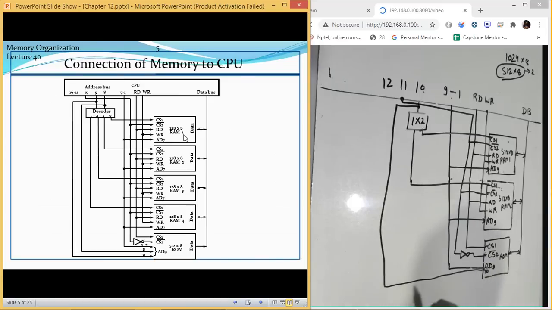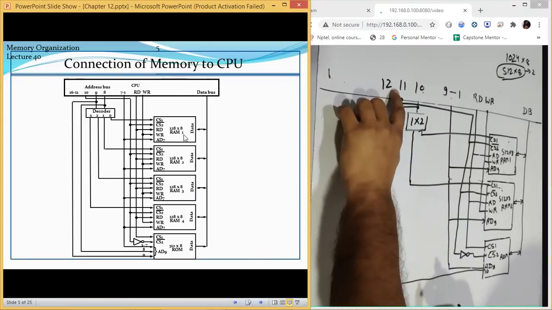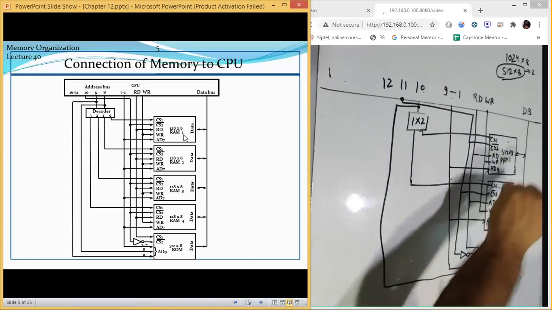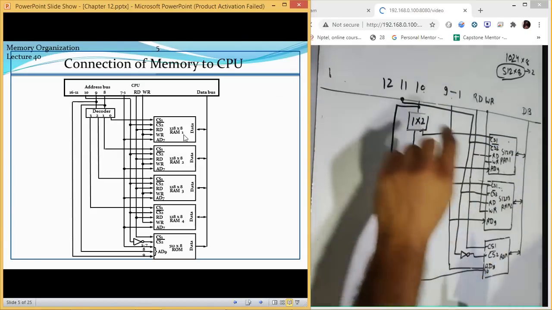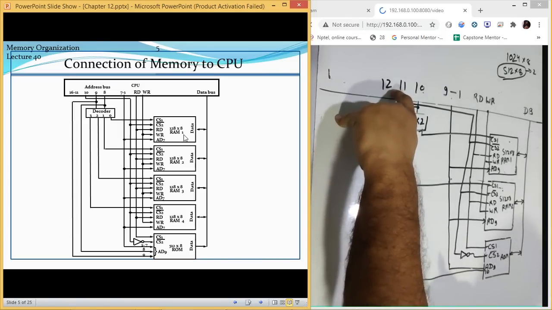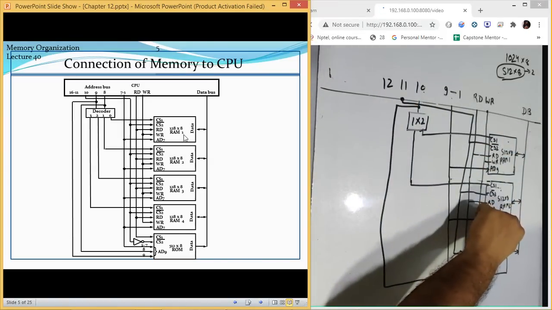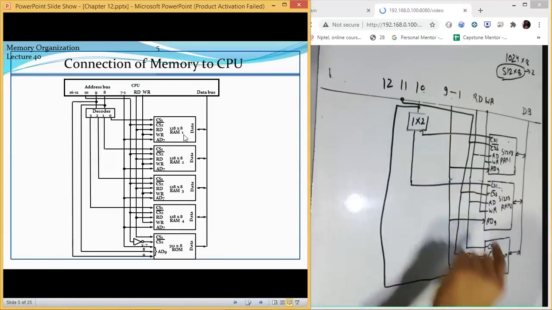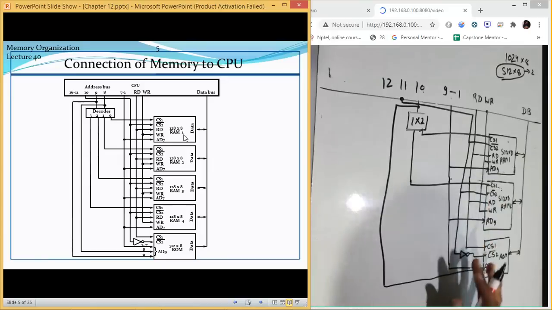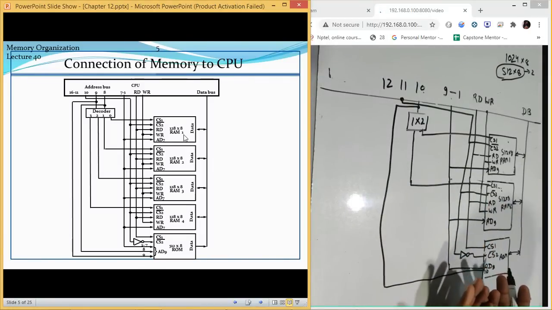Okay. Now what will happen? If the 11th bit is 0, then RAM chips will work. Sorry, if this value is 0, this will work. If it is 1, then this will work. So now we can decide between both of them which device is going to work.